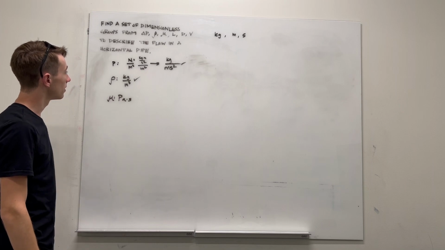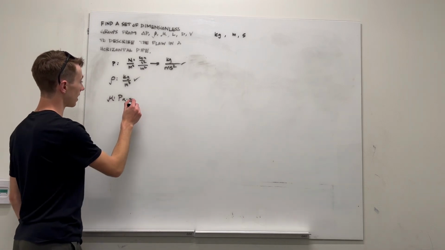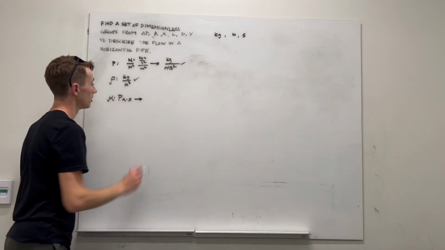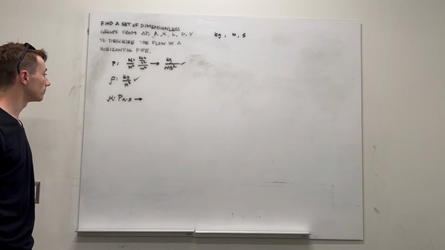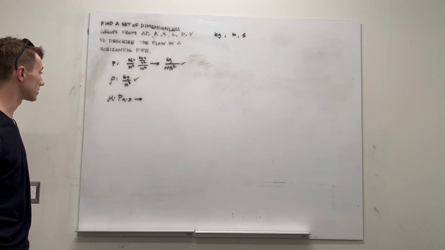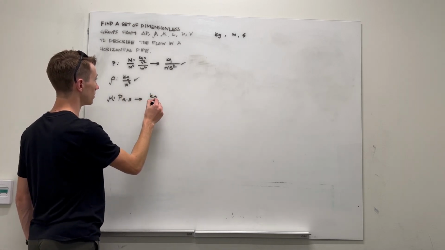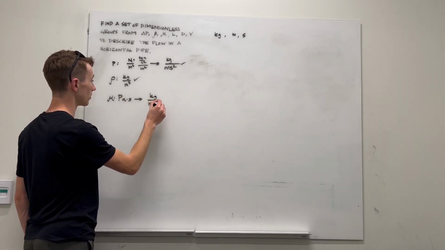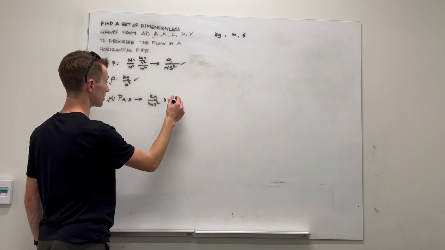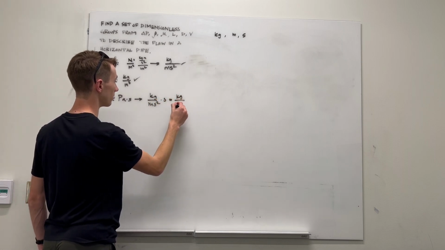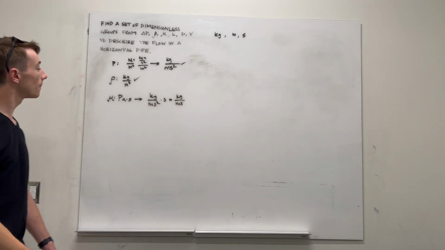So what is a Pascal? A Pascal is a unit of pressure, so kilogram per meter second squared, times seconds, just equals kilogram over meter second.